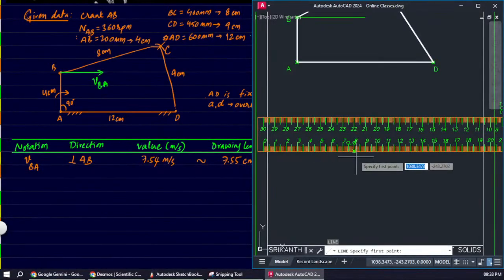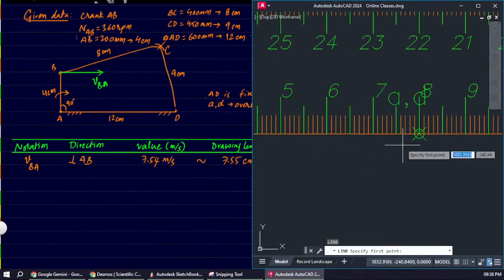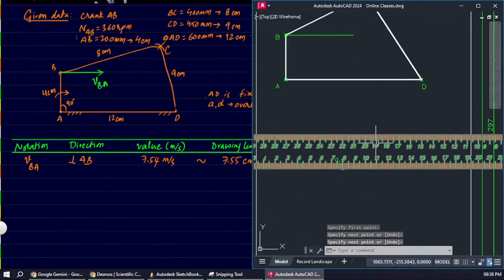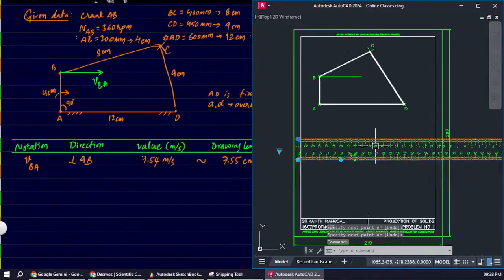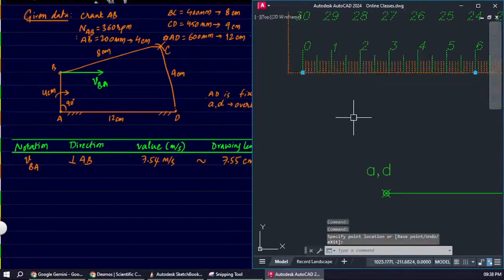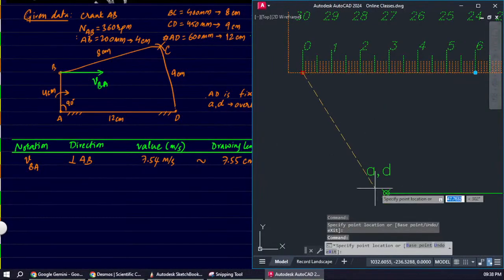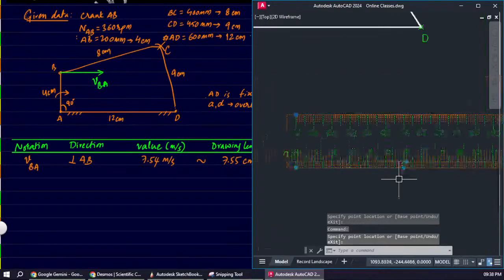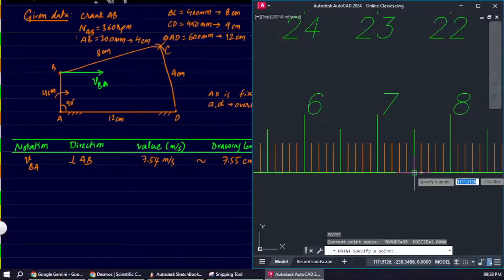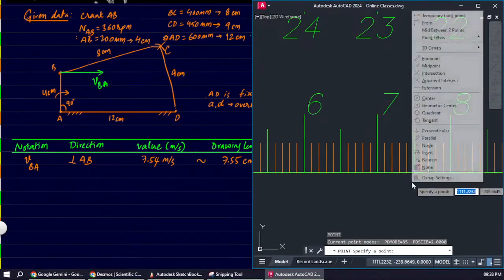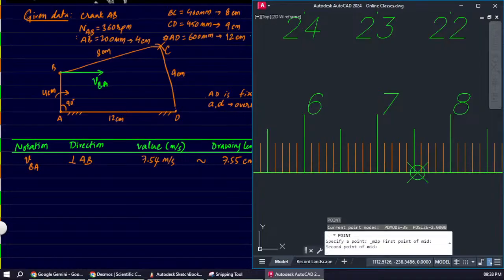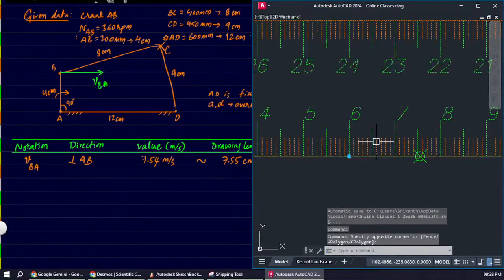Once you have drawn it, we know that the line is definitely on the right side, so let's take it on the right side. So what should be the length of this? The length of this should be 7.55. So let's take the scale, keep it exactly here, and take 7.55, which should be between 7.5 and 7.6, that is the length.